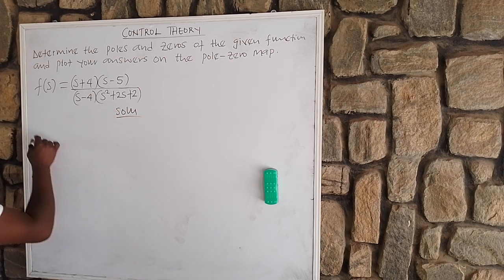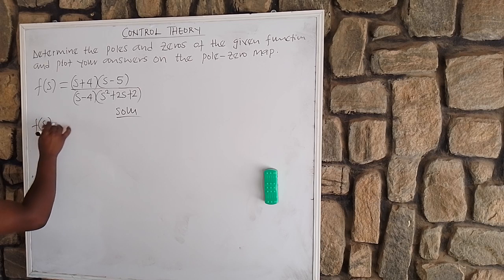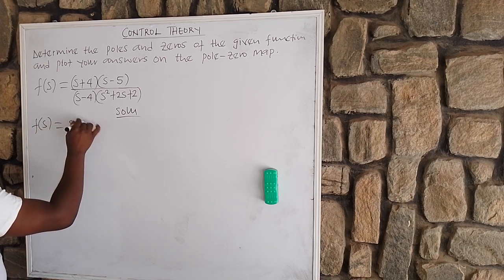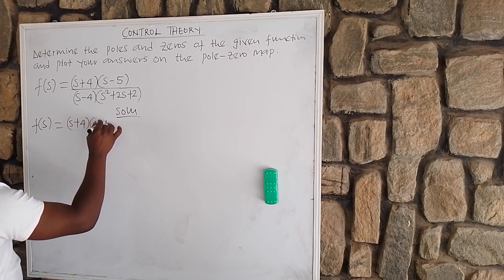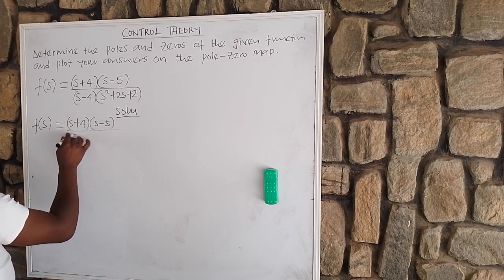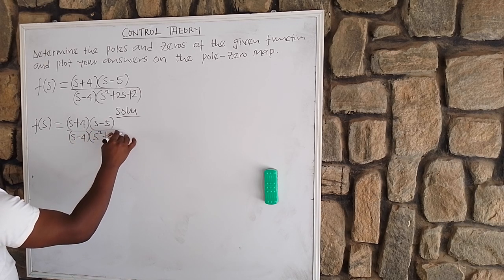Solution: f of s is equal to (s plus 4)(s minus 5) all over (s minus 4)(s squared plus 2s plus 2).